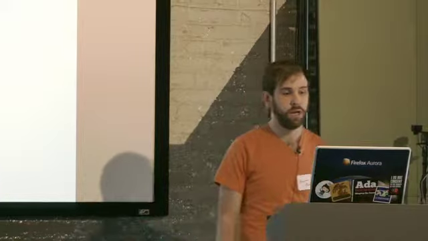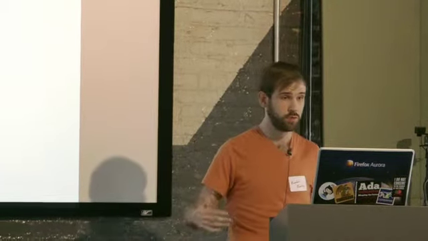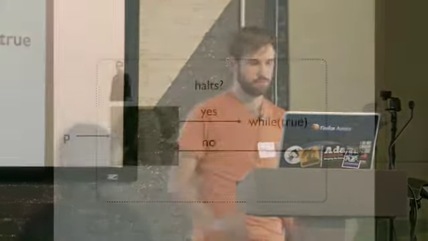If it is true, we're going to go into an infinite loop and do nothing forever. If the oracle isn't true, then we're just going to return true from our Deceiver function. And that is the Deceiver function.